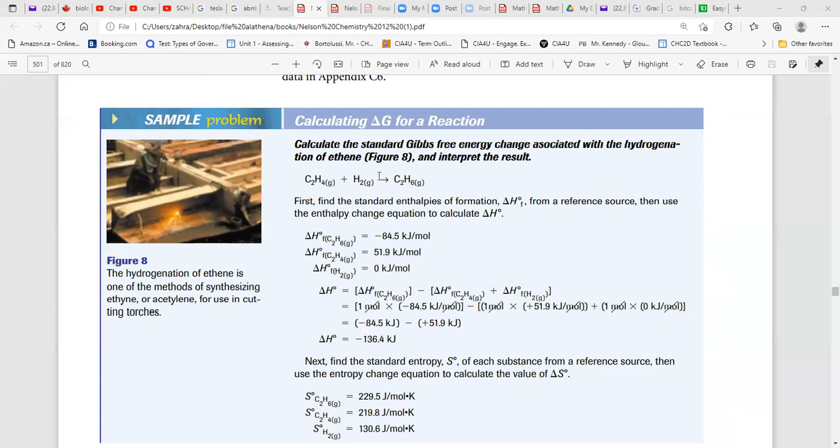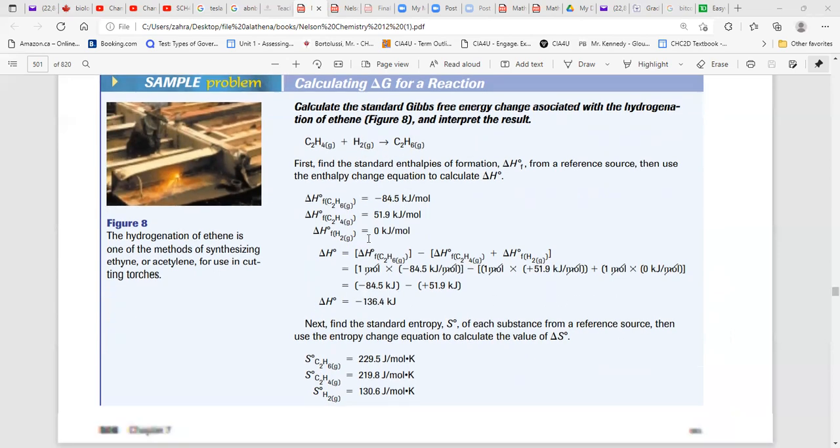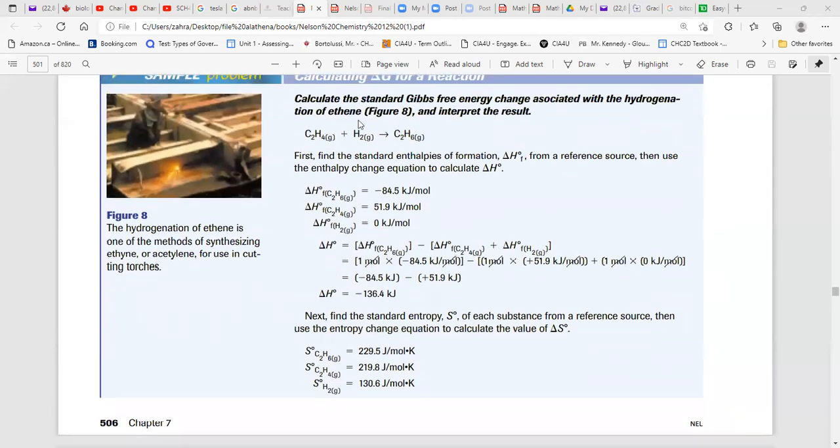The coefficients here are 1, 1, 1. So it's 1 multiplied by negative 84.5 minus 1 multiplied by 51.9 and 0 multiplied by 1. So we find that to be delta H0. You do the same thing for entropy. The entropy of the H2 element, you find at the back of the textbook.